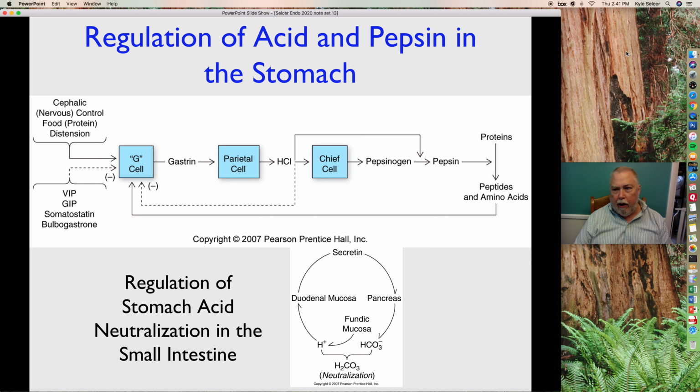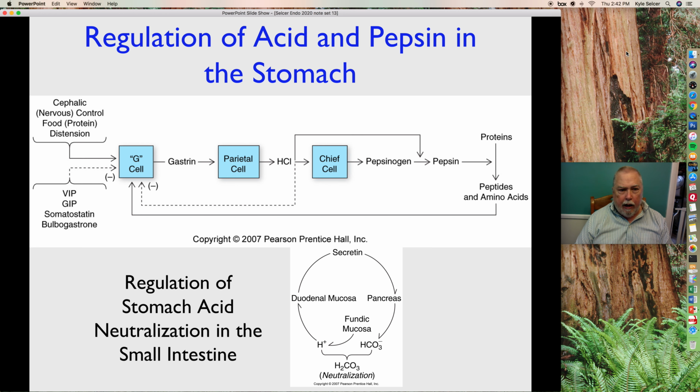Those two things, the higher brain centers telling you that you're eating and then the distension of the stomach, go to act on the G cells that are located in the upper antrum of the stomach. And the G cells are going to produce gastrin. The gastrin is going to activate parietal cells and cause them to make hydrochloric acid.